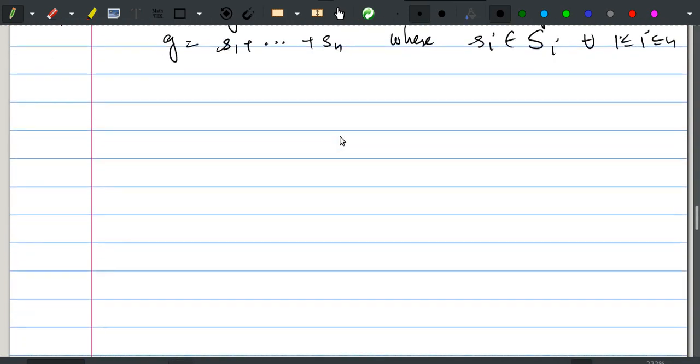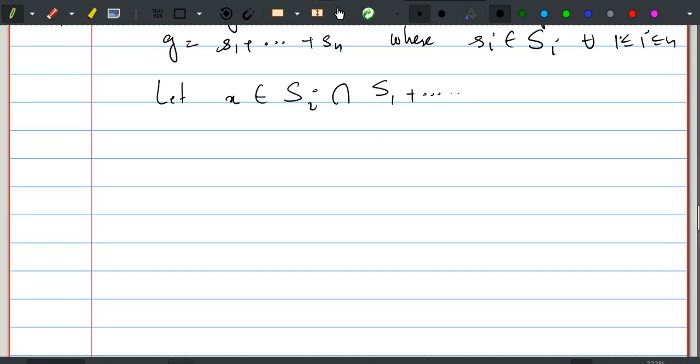So we'll assume that some element x belongs to this intersection, and we prove that that element is nothing but 0. Let x belong to Si intersection S1 plus so on plus Si-hat plus so on plus Sn.